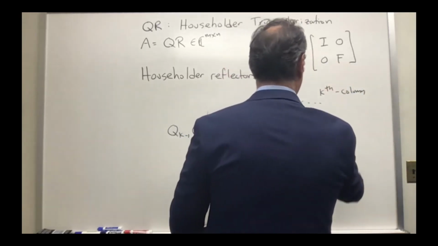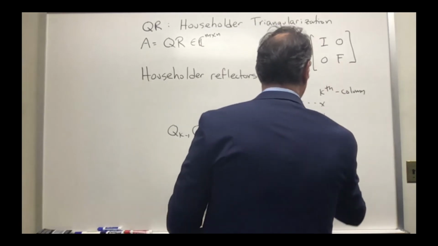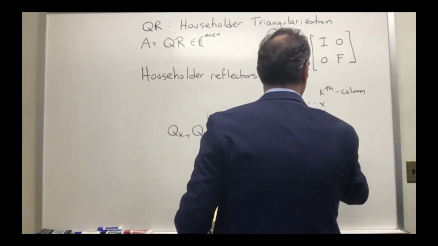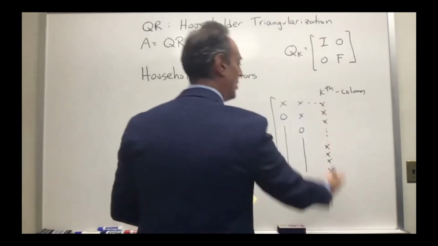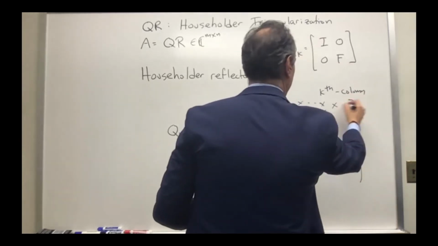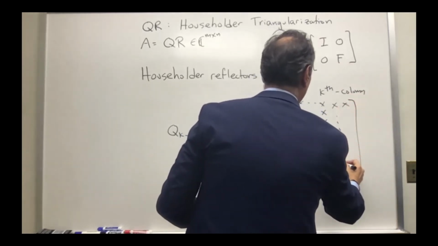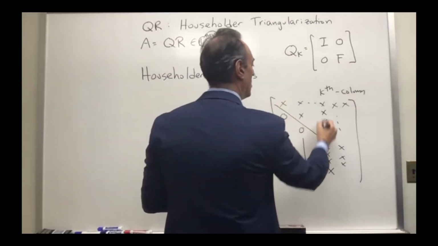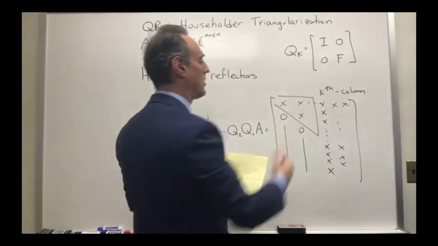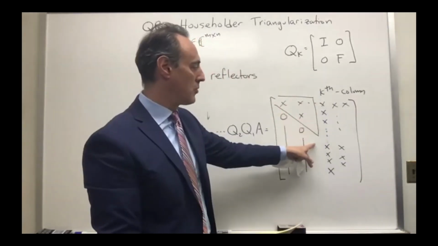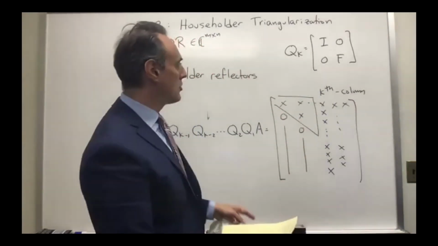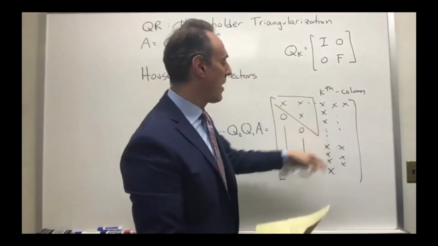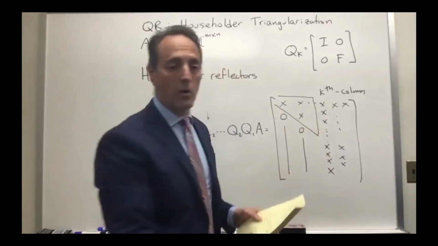And at that point, what I have in this kth column, these are all x's. And in fact, all these rows over here are all full of numbers. So what I've done is I've zeroed out everything here. I've made this upper triangular up to the k-1th column. And what I'm trying to do is figure out, what's the next matrix I multiply this by so that I make zeros below the diagonal term.